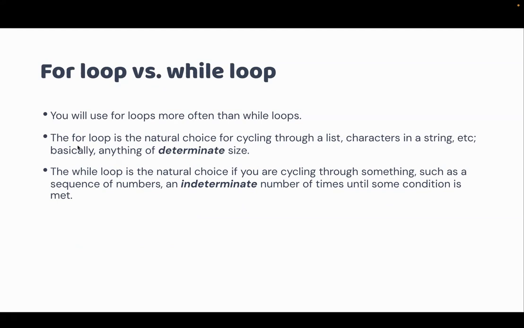So if we have a determinate size, which is we know how many times we want to iterate, or we are cycling through a list or characters in a string, we can use for loops for that. However, if we don't know the number of times we want to iterate, and we only know a condition when we want to stop it, we can use the while loop. Are there any questions about that?